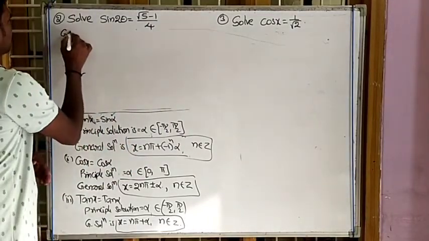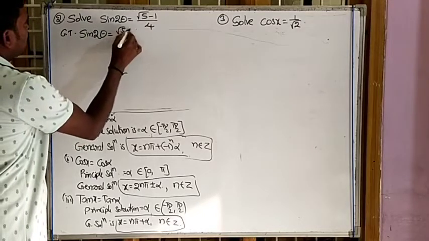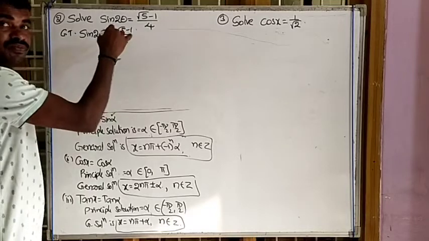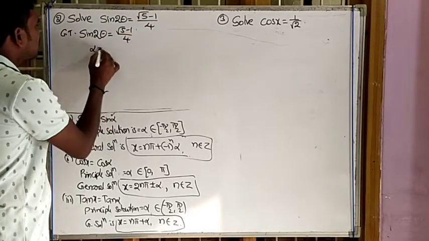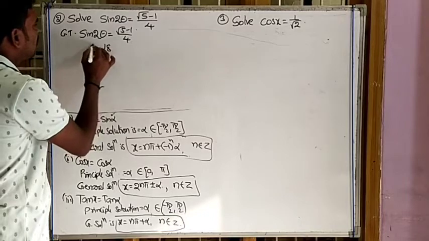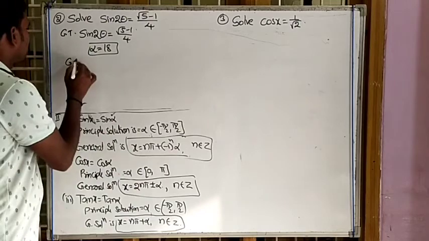Now given that sin 2 theta is equal to root 5 minus 1 by 4, this is the value of sin 18. Very good. So that is taken as principal solution, that is alpha equal 18. Okay, next to general solution.